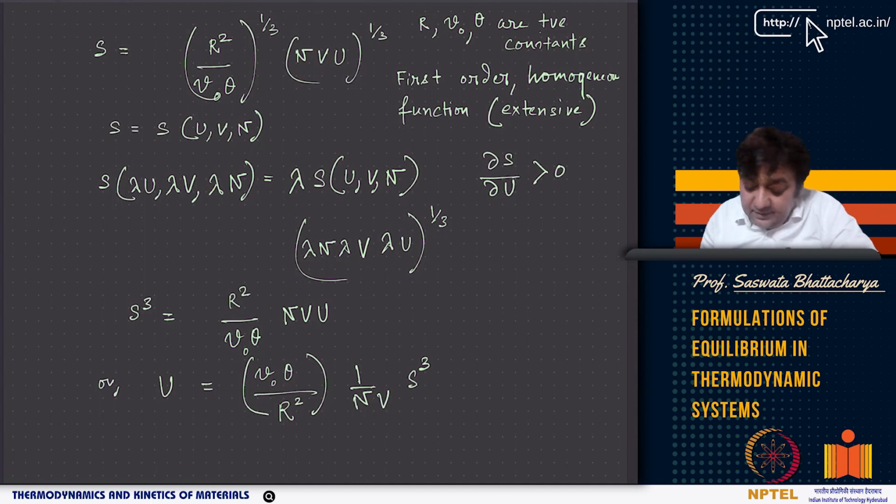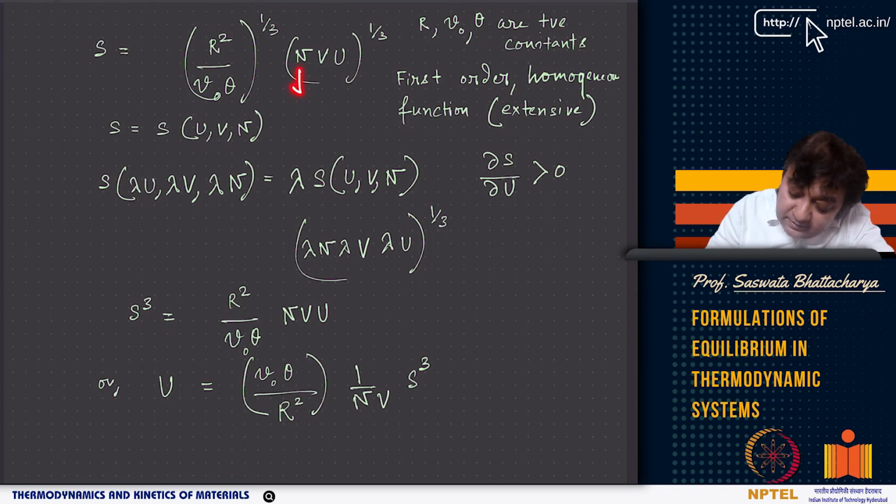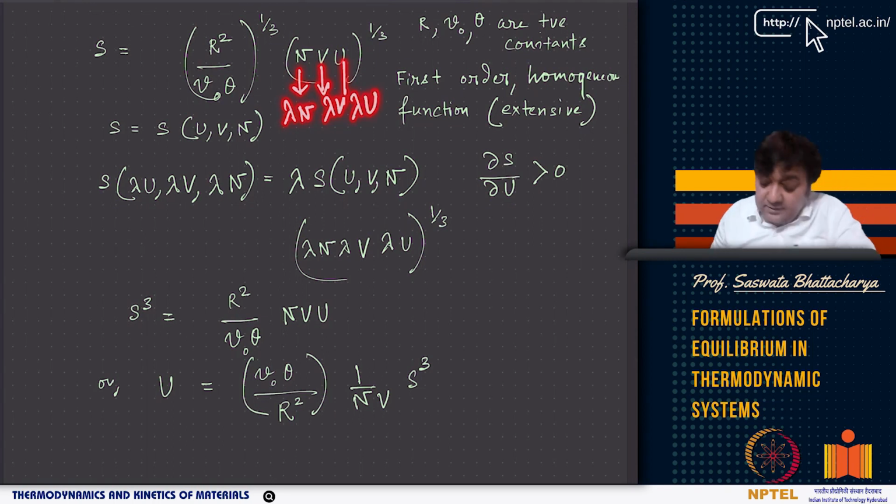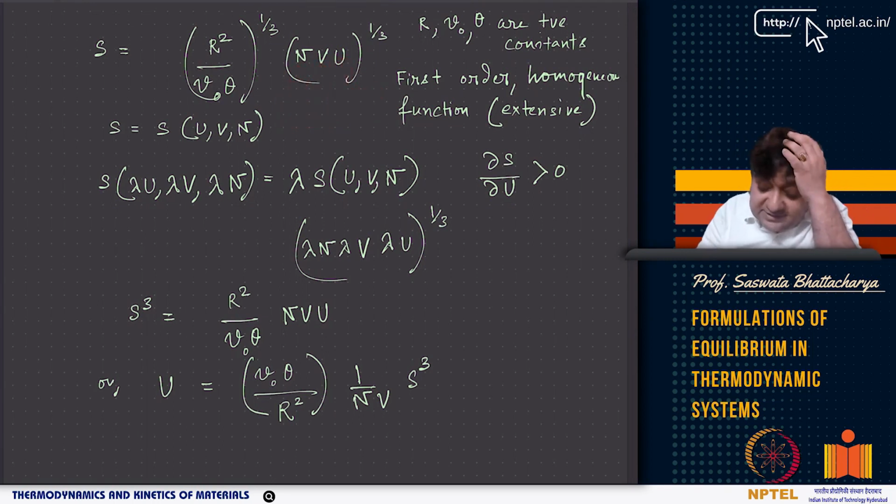Now what I am going to do is from N I go to lambda N, from V, lambda V, from U, lambda U. Okay. Now if you do that, but there is a 1/3. Are you seeing that? Yeah. So now lambda N, lambda V, lambda U to the power 1/3. Now it becomes lambda cubed to the power 1/3, which is nothing but lambda.